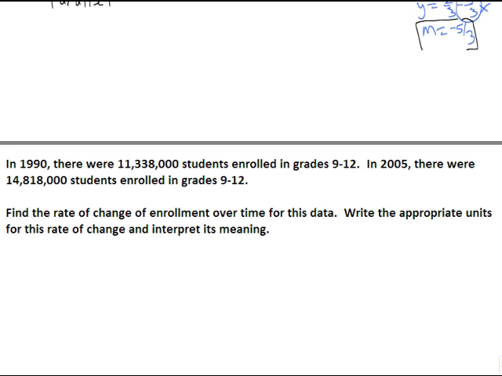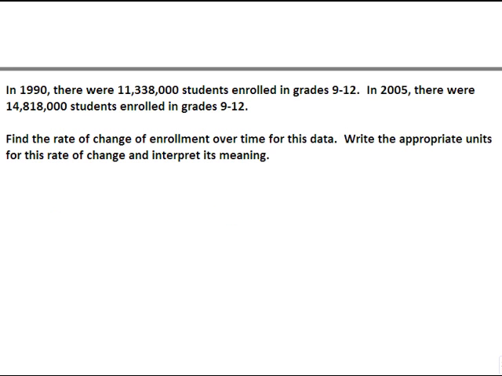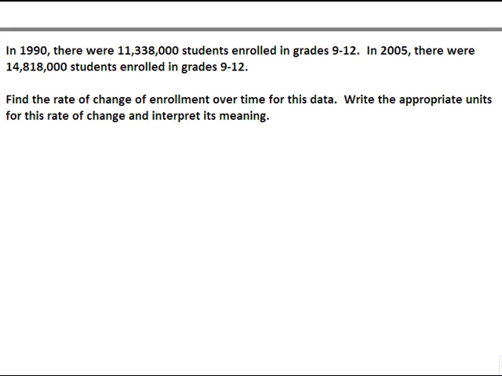Alright, in our last example, we are going to do a word problem. We're going to find a rate of change. Rate of change is another way of talking about slope. So rate of change is synonymous with slope, which is our change in y's over our change in x's.